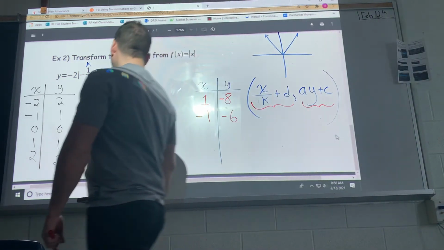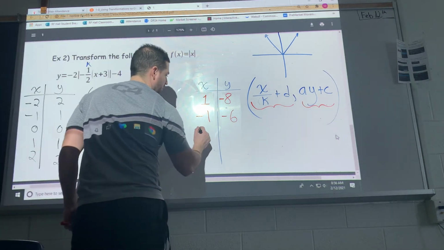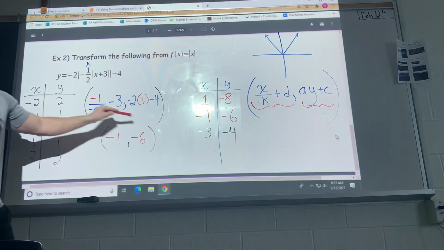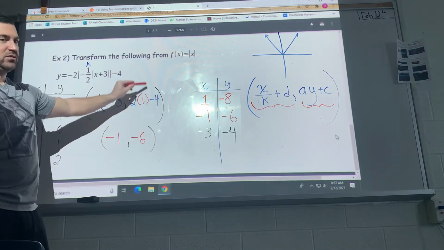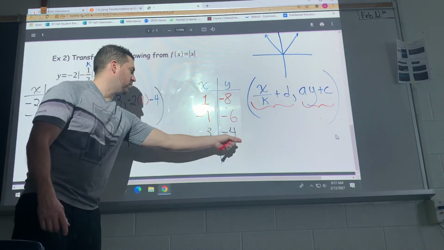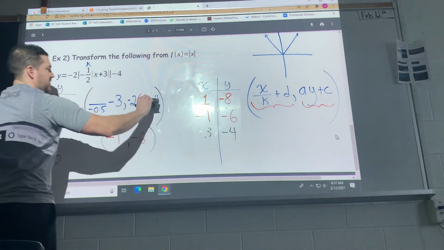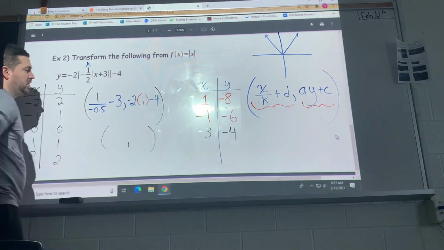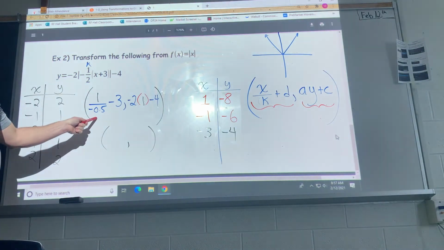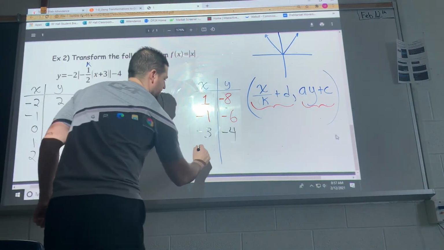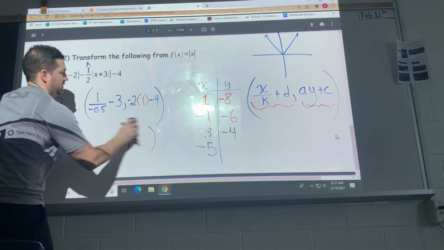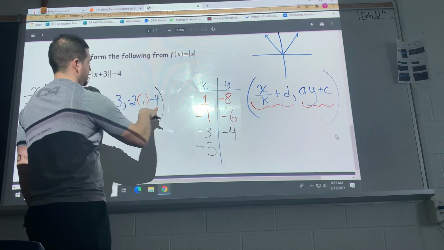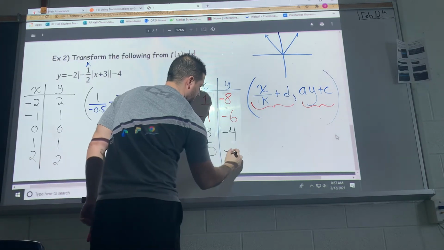Okay, if I plug in 0, 0, I'll get -3 and -4. Okay, because 0 divided by this is 0, subtract 3 is subtract 3. -2 times 0 is 0, minus 4 is -4. Okay, I'm going to do the last two. 1 and 1. So 1 divided by -0.5 is -2, minus 3 is -5. -2 times 1 is -2, subtract 4 is -6.